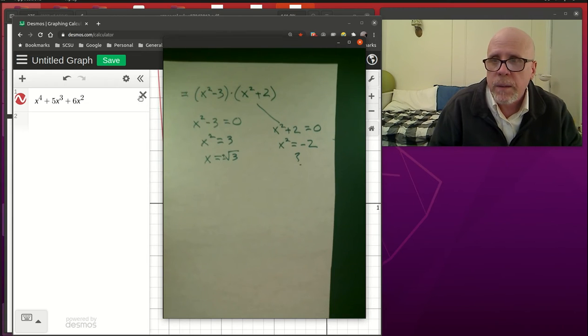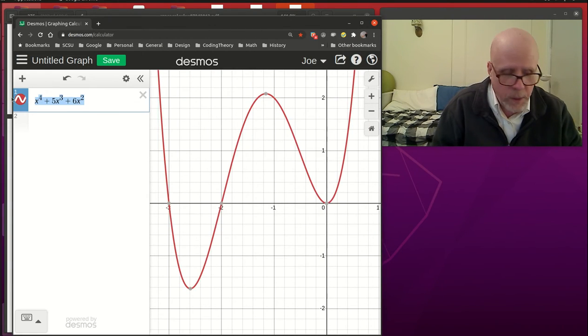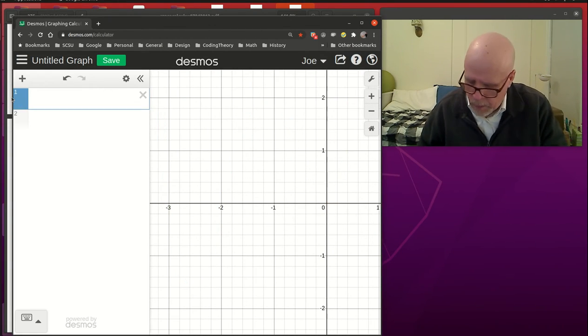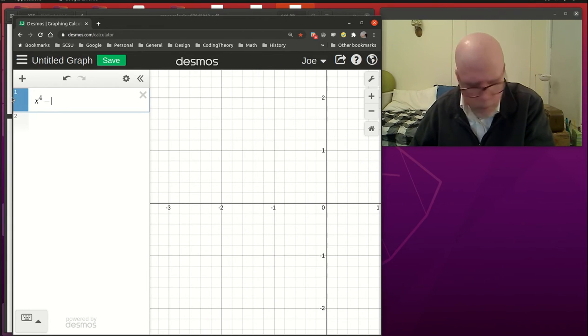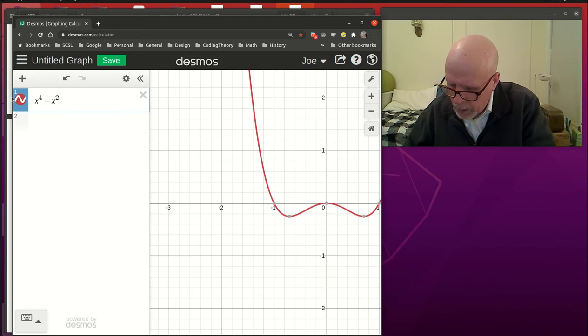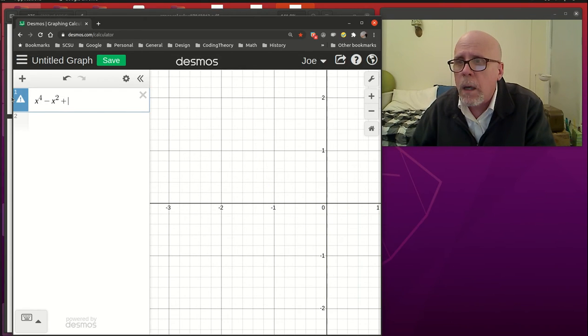If we come back to Desmos and take a look at that graph, it was x to the fourth minus x to the second, no, minus 6, sorry.